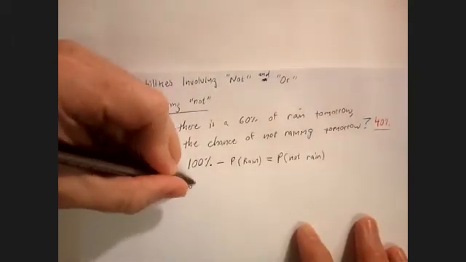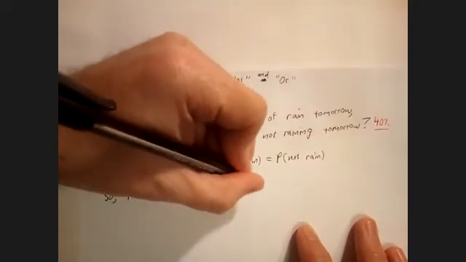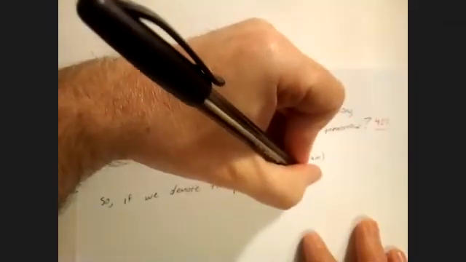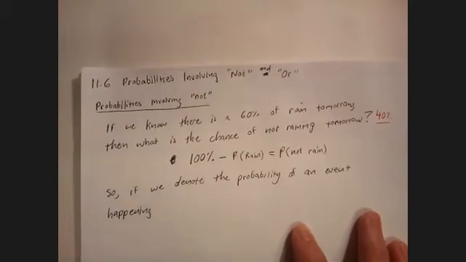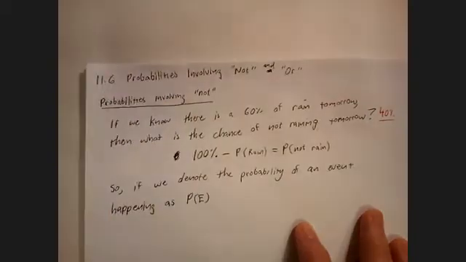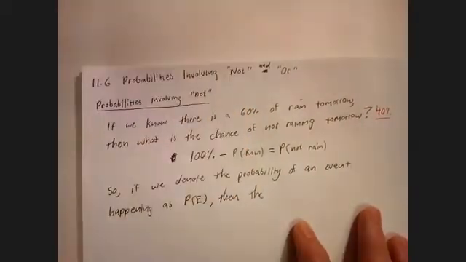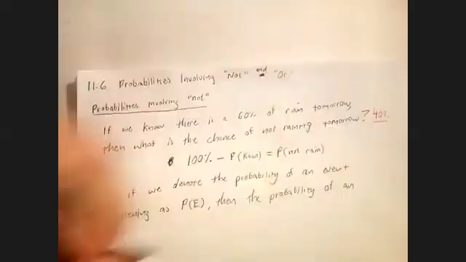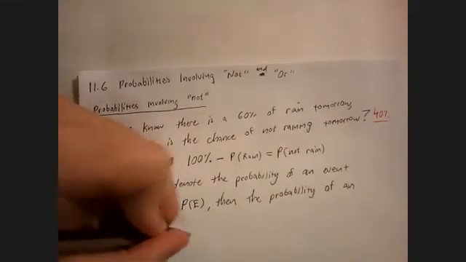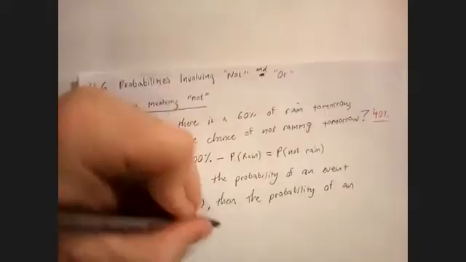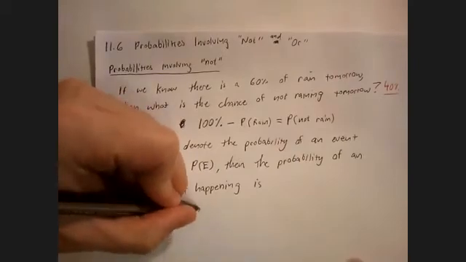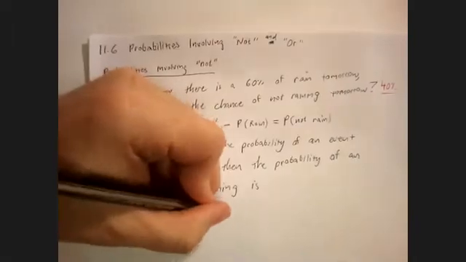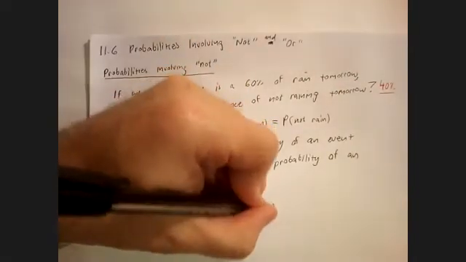If we denote the probability of an event happening as E, or actually, since we're talking about probability, we're going to call it the probability of E, then the probability of an event E not happening, the probability of not E, is 100% minus the probability of E.